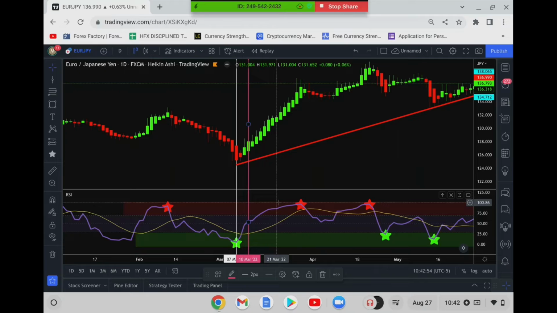Not only that, you guys, but we would take into account this moving average, right? We saw our purple line cross above our yellow moving average, which if you guys can remember from our last training, that means that the market is buying, right? When price is above your moving average, you're looking for buys. And when price is below your moving average, you're looking for sells.